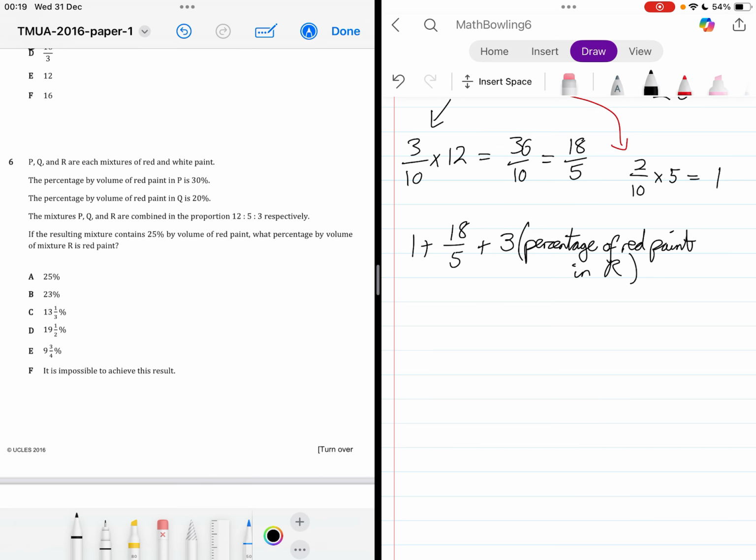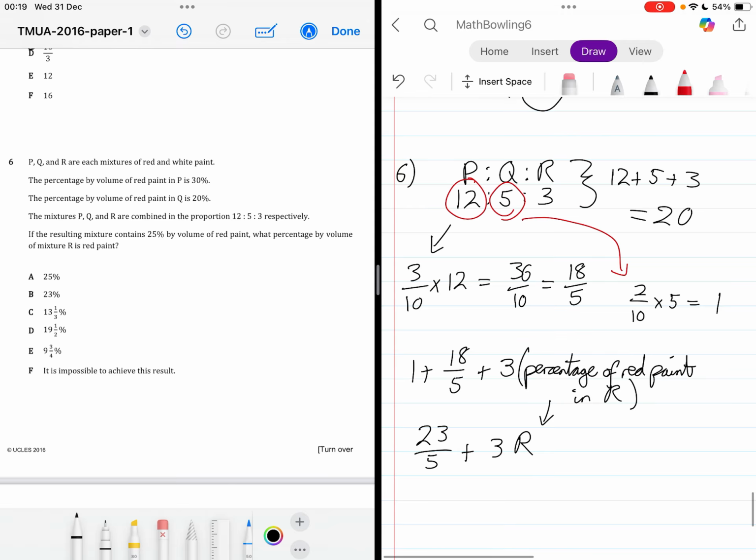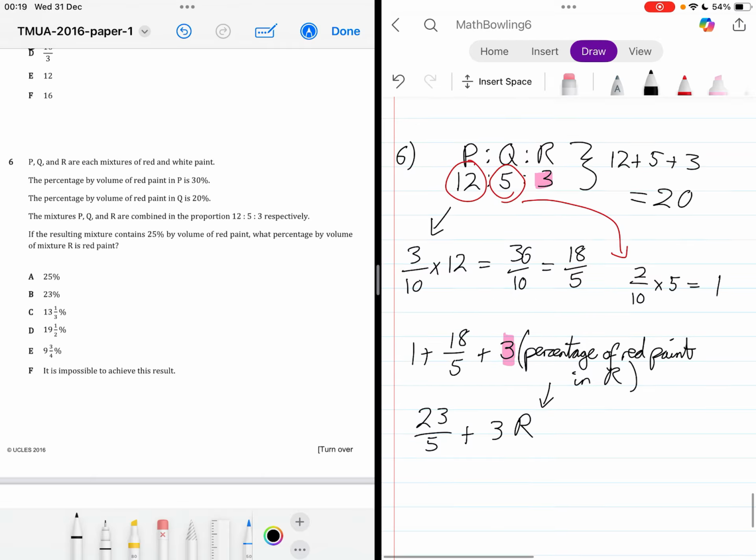So 1 plus 18 over 5, that's going to be 23 over 5, plus 3R. That 3 comes from up here, just doing the same thing that we have for the other two.